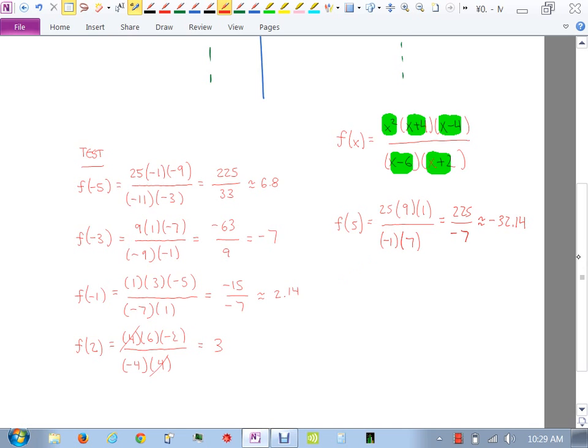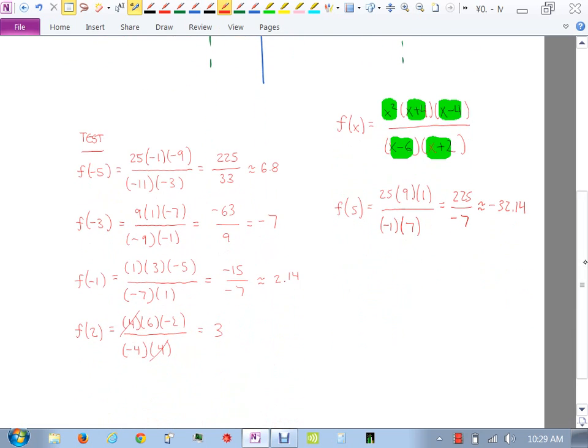And finally, f of 7. All right, f of 7 should give me 49 times 11, 7, 1, and 9. It's a positive number. That's all I care about.